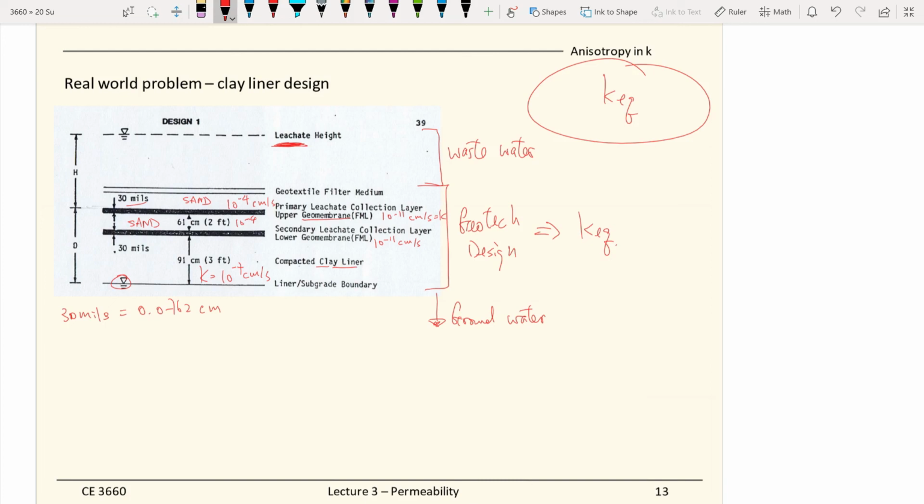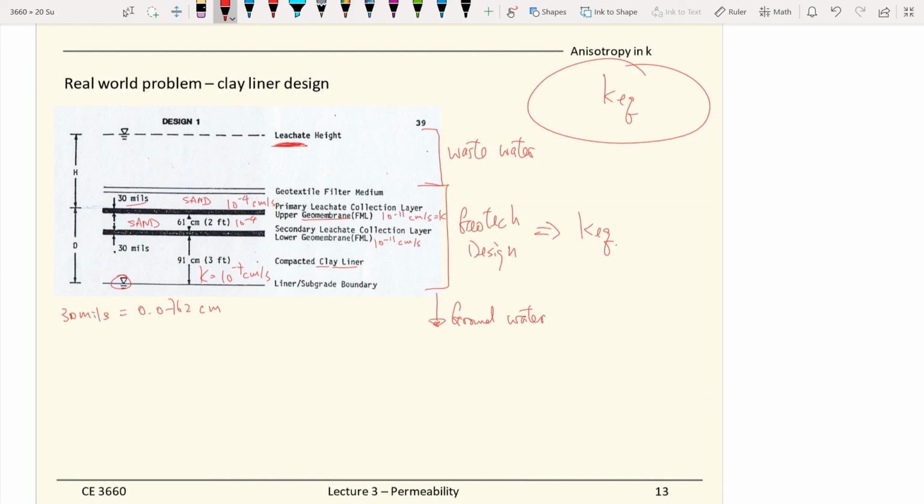So this is just an example design. In the landfill business, they will look at the cost and the construction schedules, and they also look at the available materials and come up with different combinations of design of geotech clay liners.